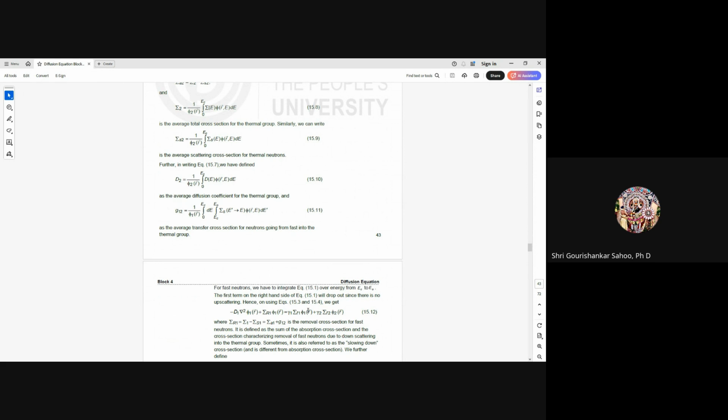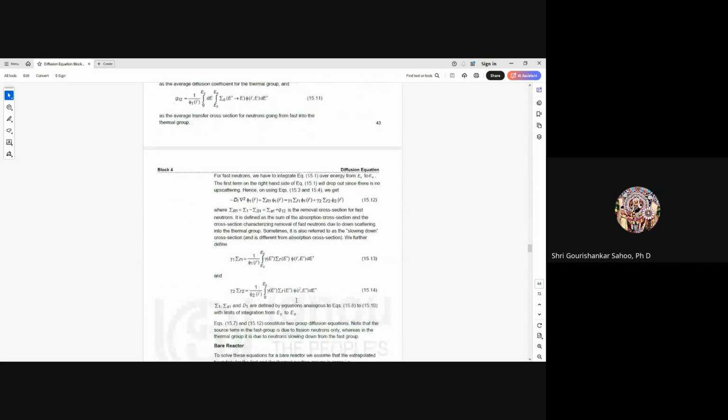Now your D2 is equal to 1 by phi 2 integration 0 to EC D phi dE as the average diffusion coefficient for the thermal group, and sigma s12 is equal to 1 by phi 1 integration 0 to EC dE integration EC to E0 sigma s phi dE dash as the average transfer cross section for neutrons going from first into the thermal group. Then let us discuss the fast neutron.